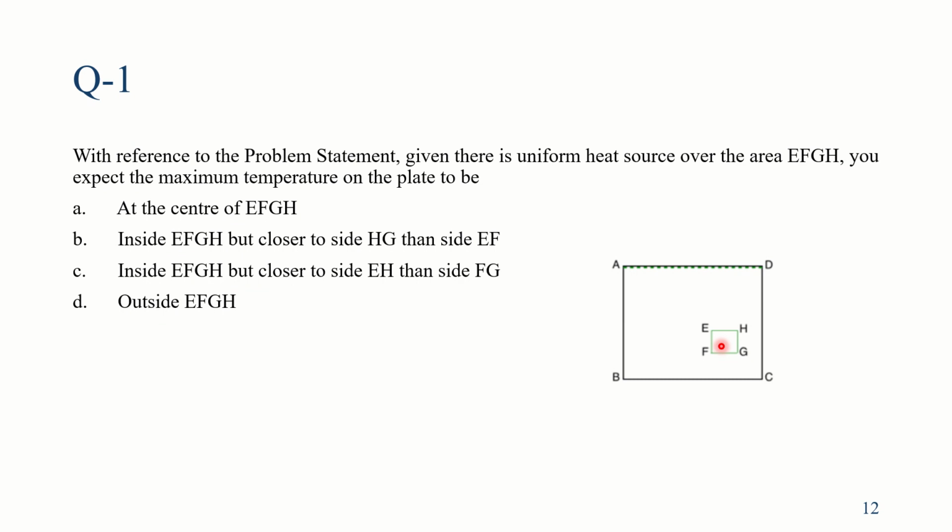So the maximum temperature is inside EFGH but closer to side EH than FG, because the adiabatic wall is there. Closer to FG it is near the convective walls, so it dissipates heat compared to EH. So the right answer is option C.